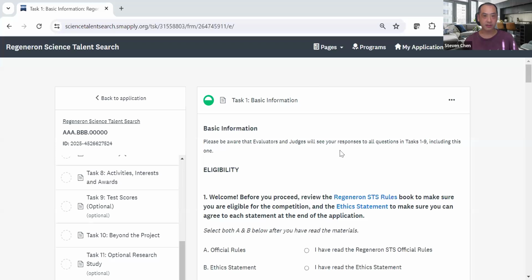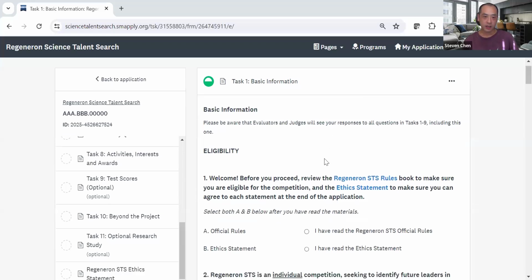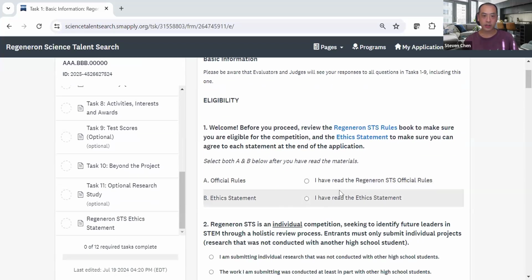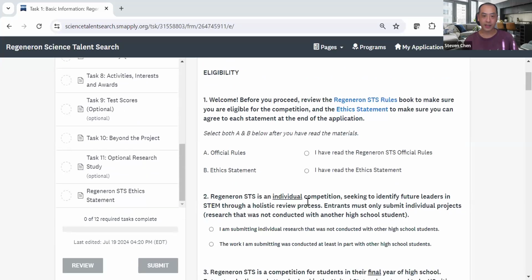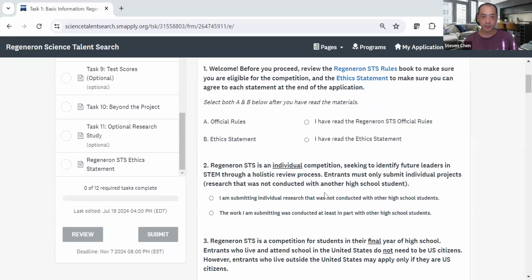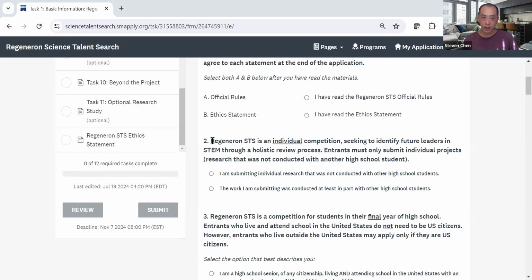Task one is basic information. This is very simple. You just need to provide your basic information. And please note, this is an individual competition. You will see in the application form that in many tasks, many parts, STS frequently emphasizes that this is an individual competition.